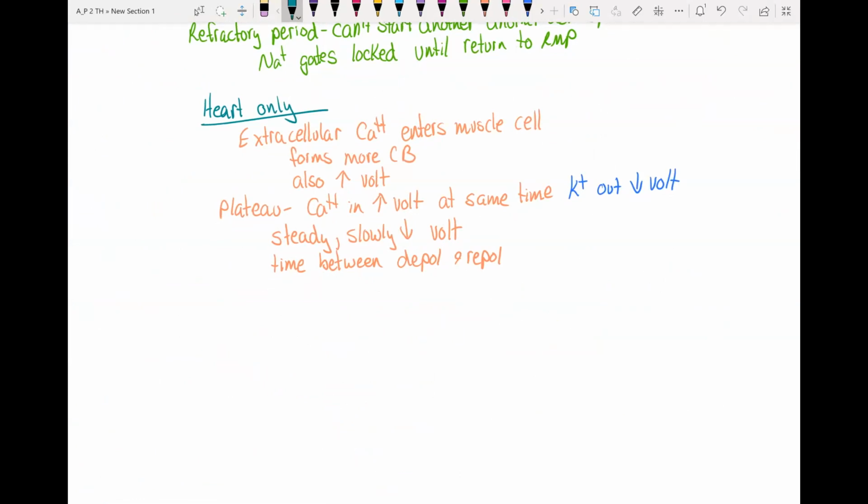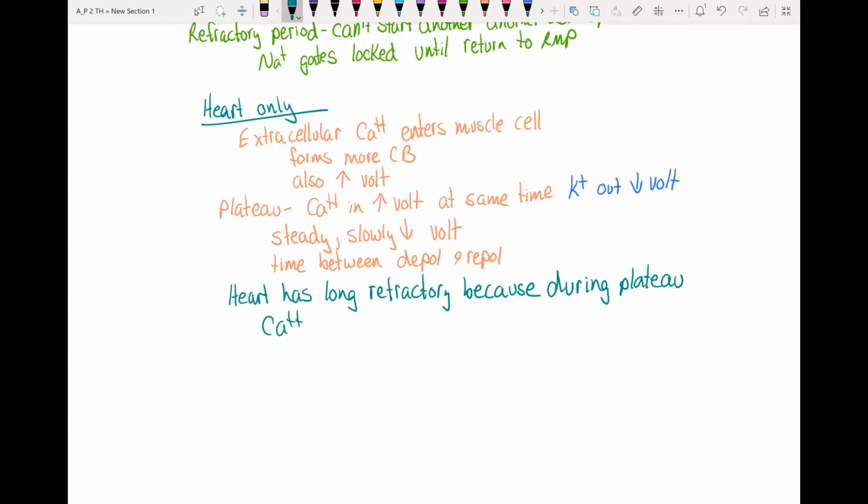So the heart has a long refractory period, because during the plateau you have calcium in at the same time as potassium out, and they cancel each other out.